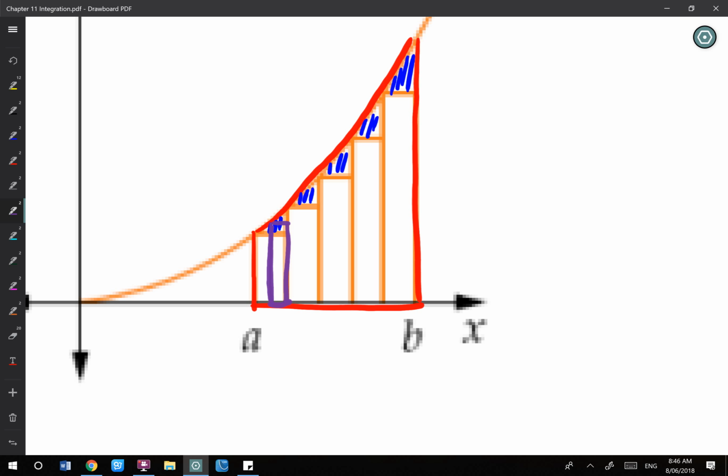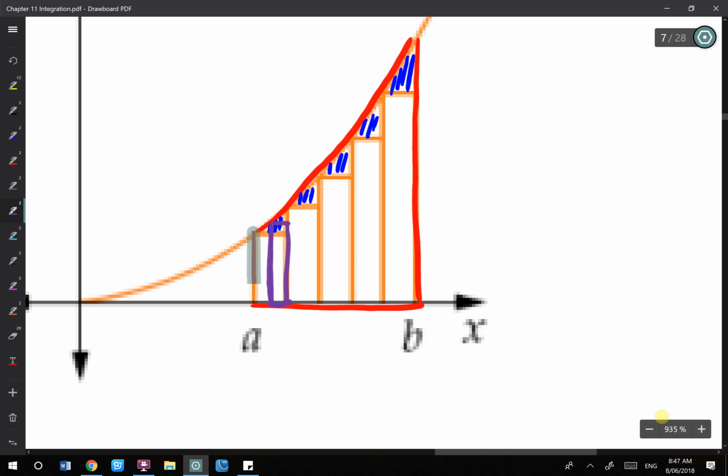This is called a left-hand side rectangle approximation, or left endpoint approximation. I start to sketch my rectangles on the left-hand side with a particular width, so they're all the same width.